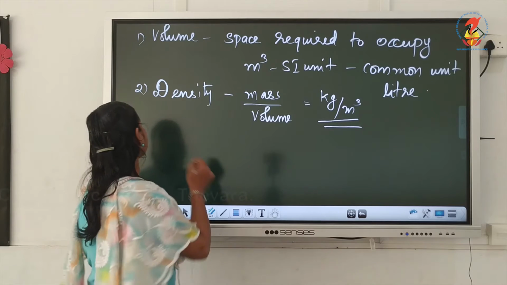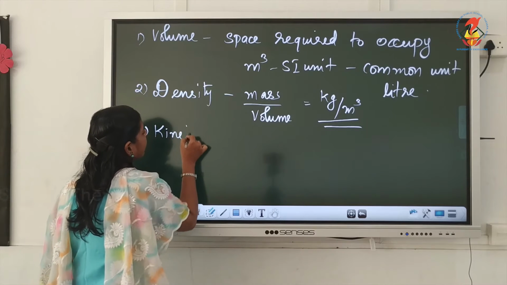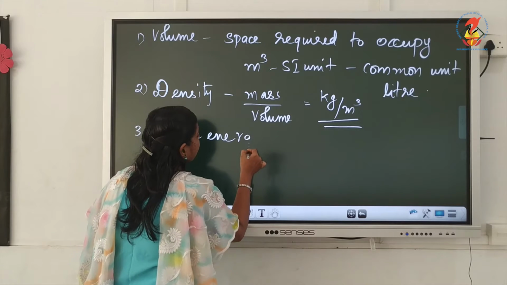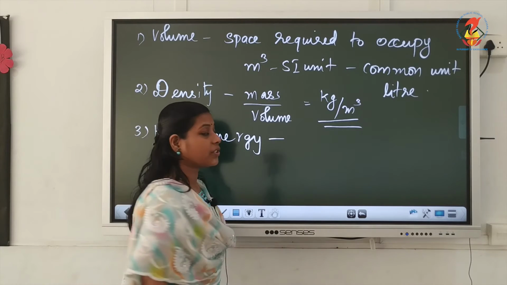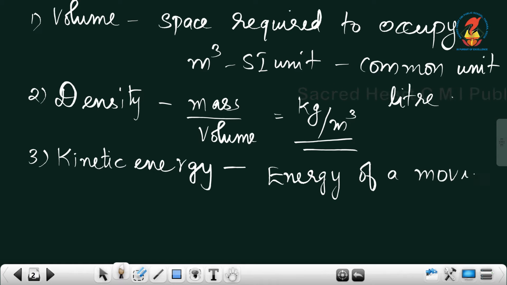Then the third term we can see is kinetic energy. What do you mean by kinetic energy? Kinetic energy is the energy possessed by a moving object.